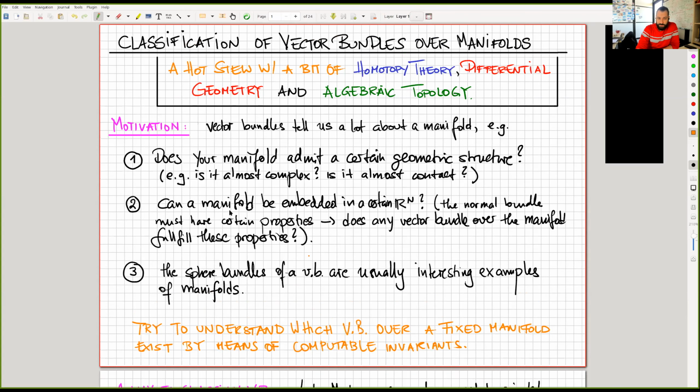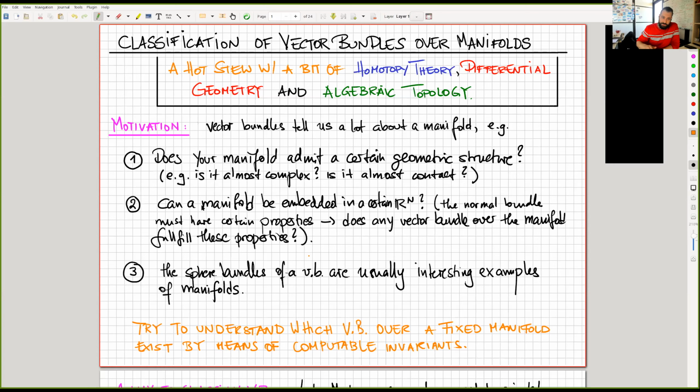The other reason is also very interesting. By the Whitney embedding theorem, you can embed every manifold into certain R^n. I think if you have an oriented manifold, you can at least embed it into R^(2n-1) if n is the dimension of the manifold. But if you want to push the dimension of the ambient R^n lower, this is not always possible.